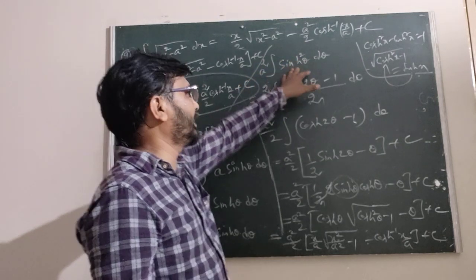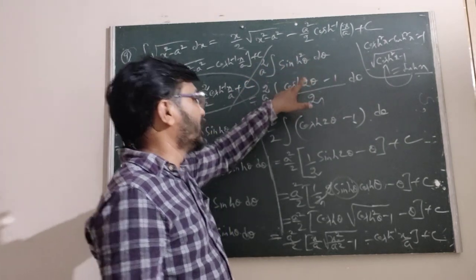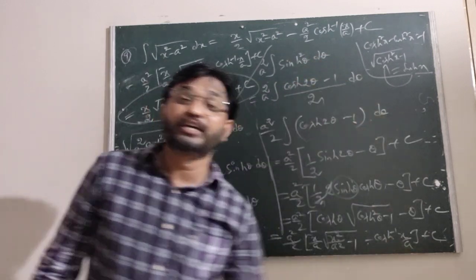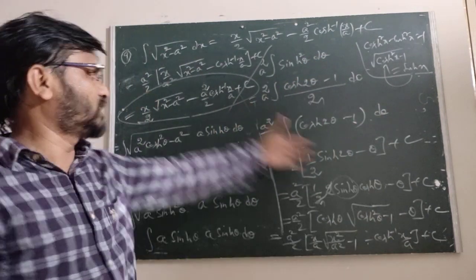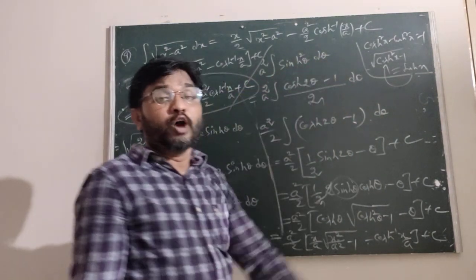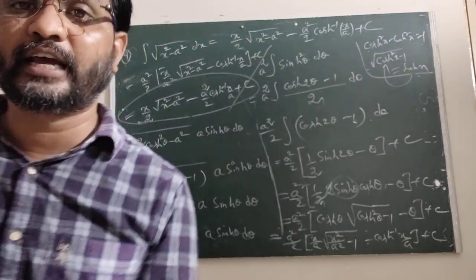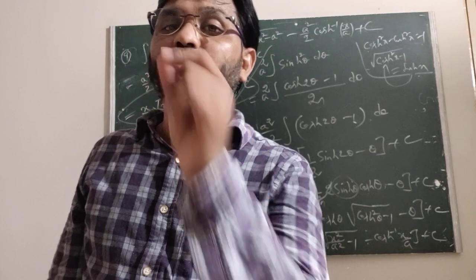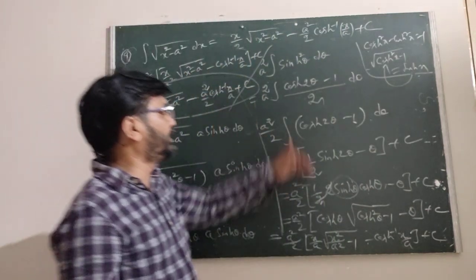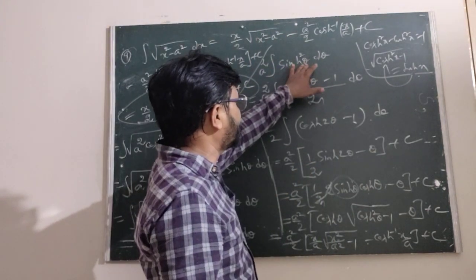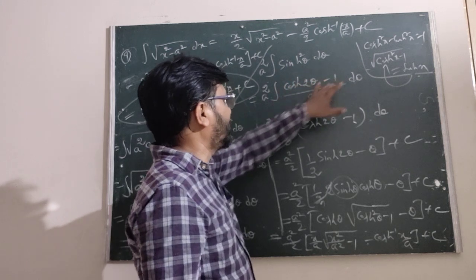Sinh square theta can be written as (cosh 2 theta minus 1) by 2. In the trigonometric formulas, sin square theta can be written as (1 minus cos 2 theta) by 2. But here sinh square theta is (cosh of 2 theta minus 1) by 2.